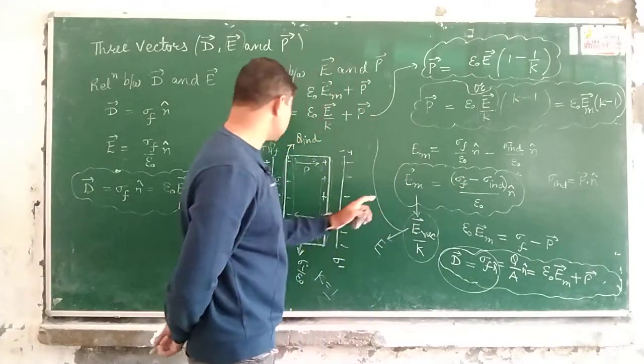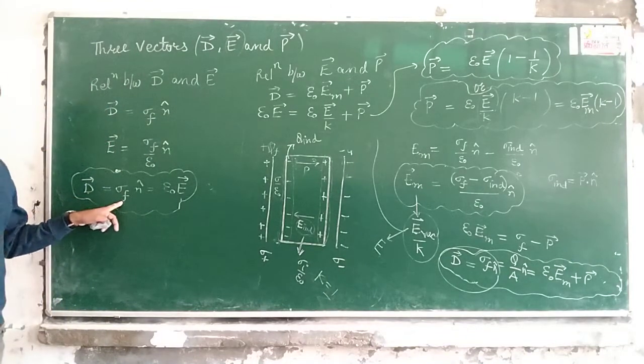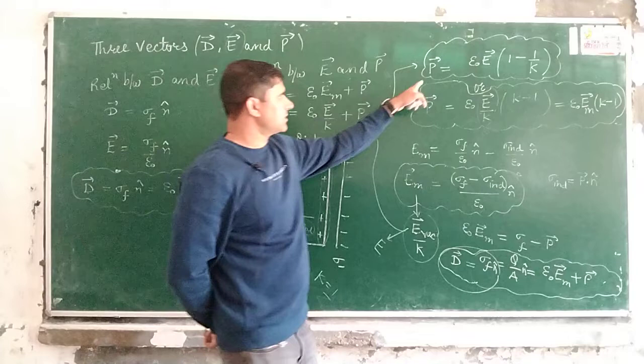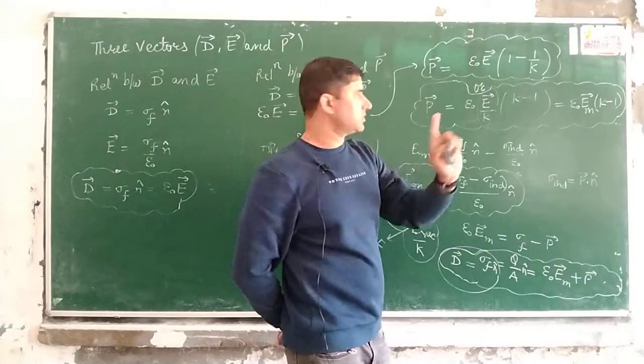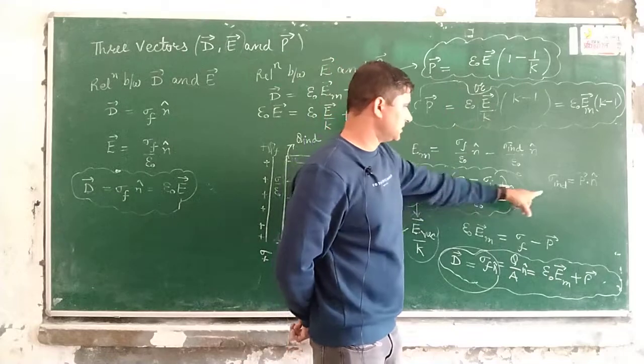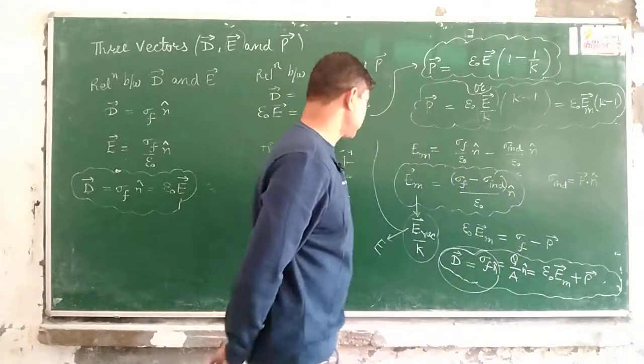That is one thing. And the second thing is that this vector D depends upon free charges only, and the vector P depends upon the bound charges only, because this is a function of induced charge density.